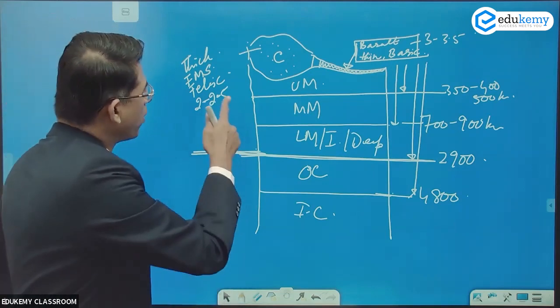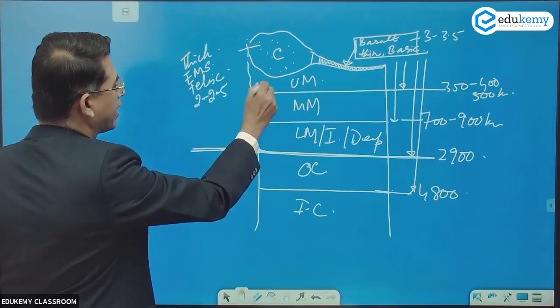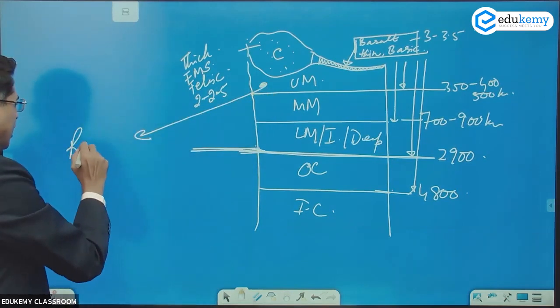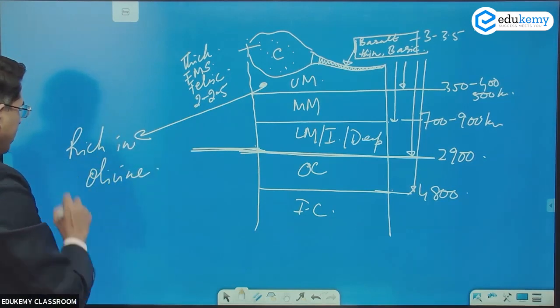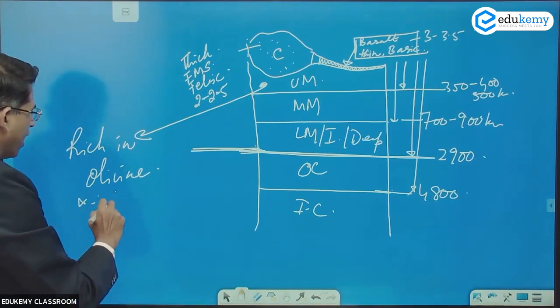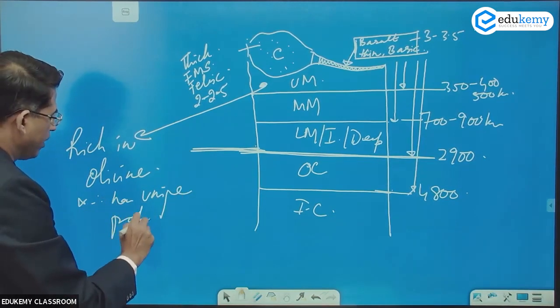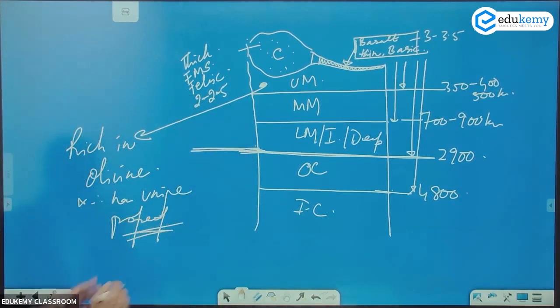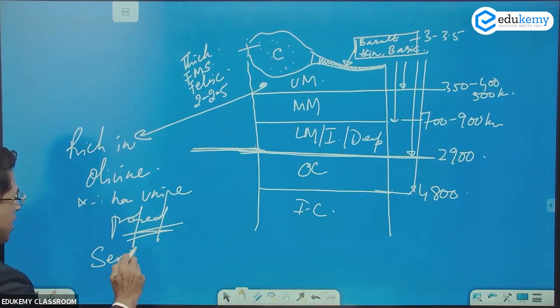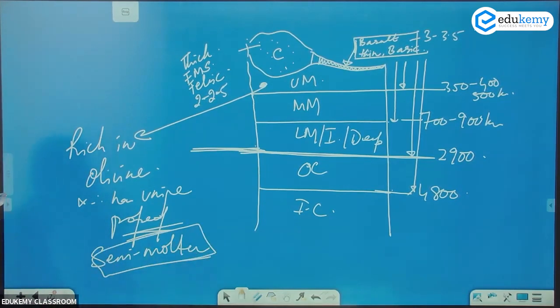The upper mantle is rich in olivine, and therefore has a unique property, which we have called a semi-molten property. If you apply pressure, it starts to flow.